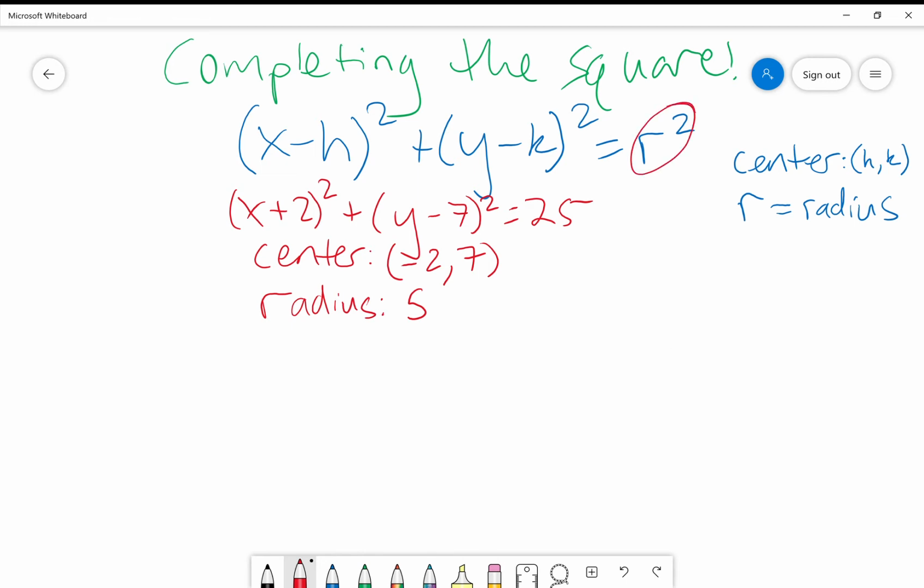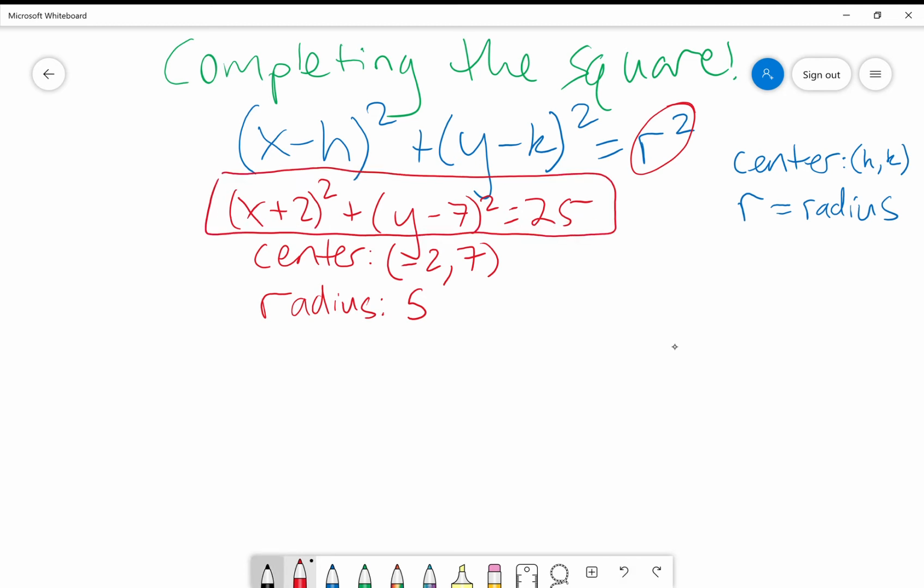All right, so what if it's not given to us in this particular form and we wanted to graph it? So what do we do?